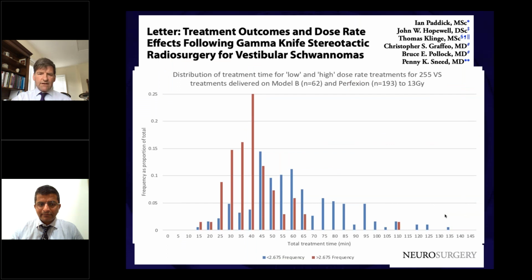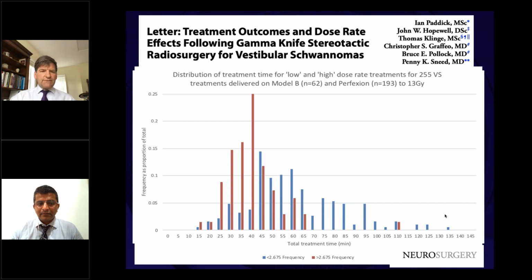Now, myself and some colleagues wrote a letter to neurosurgery commenting on this paper, which was good, and it showed that there was a dose rate effect, but we did show that the problem with just using a dose rate is that's not the same as BED. And remember, they were looking at the reference dose rate in the machine.